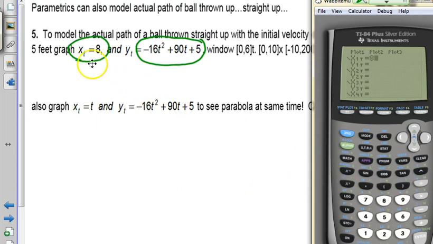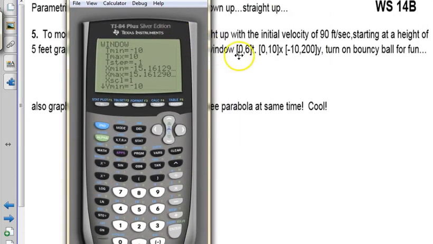So make x 8, not 8t, just 8, and then y is negative 16t squared plus 90t plus 5. All right, and then what does it say to do? It gives us some more information. It says to use 0 to 6 for our t.